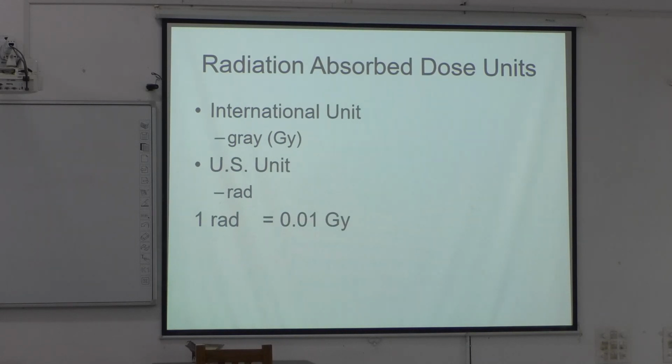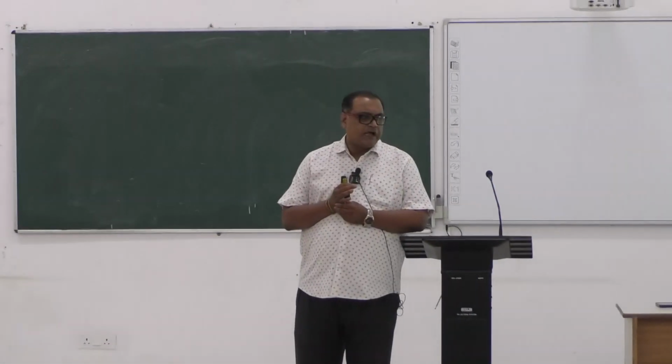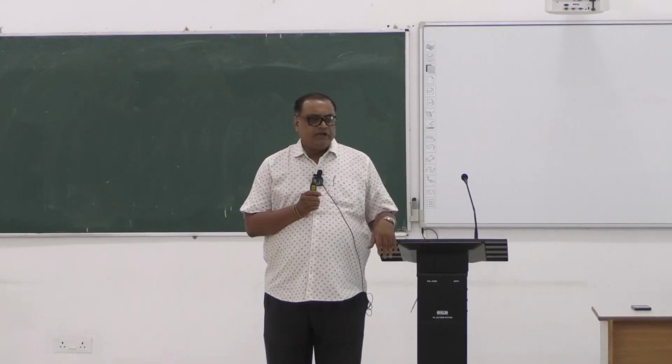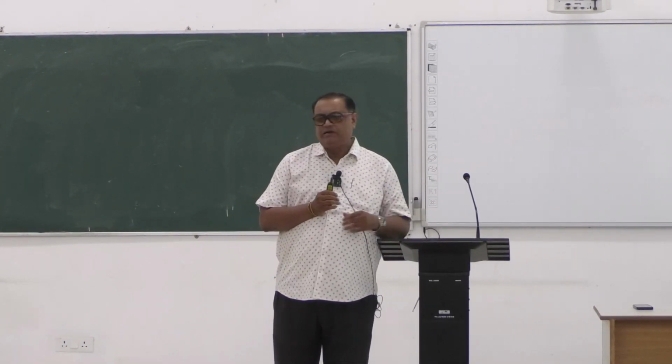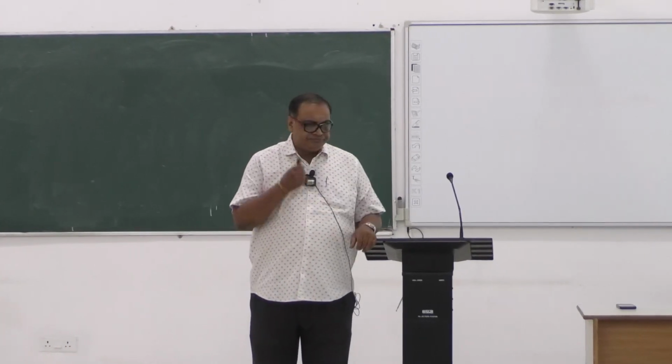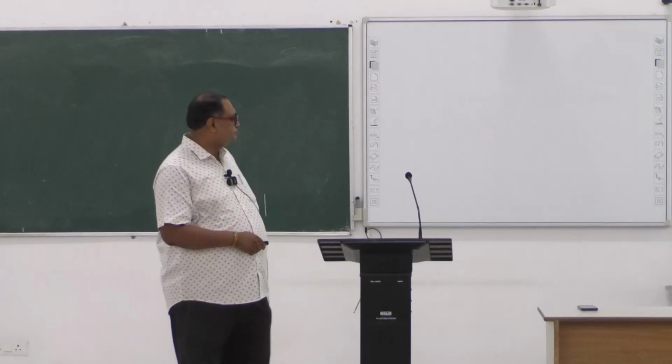By these units, gray and rad. When the Fukushima disaster happened in Japan, the engineers and the reporters who visited the place for reporting purposes, after coming from Fukushima, used to be kept in a separate rehab center, where their rad was to be measured. Right?